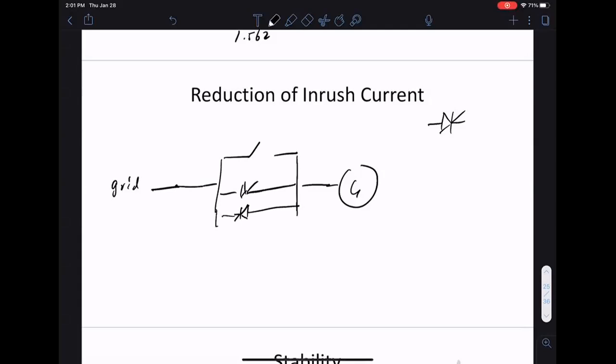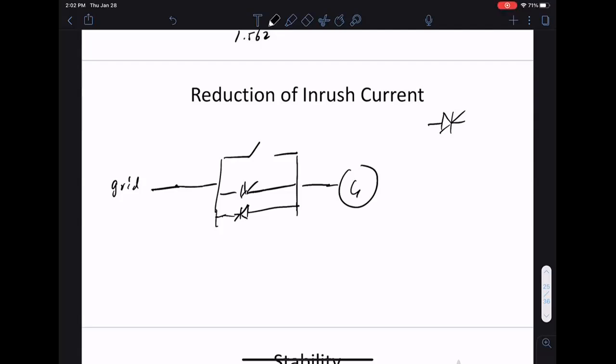So what they do is they limit the current, right? They have a triggering angle, and this triggering angle limits the amount of current that goes through this line. When you first connect this to the grid, you still want to connect to the grid, but you don't want all the current to rush through.